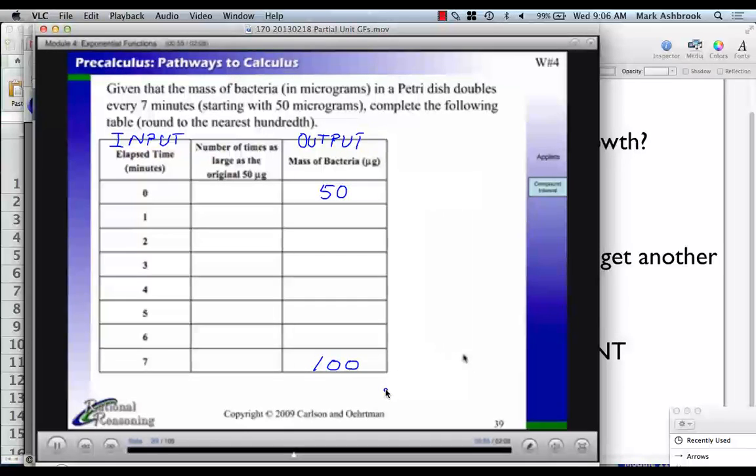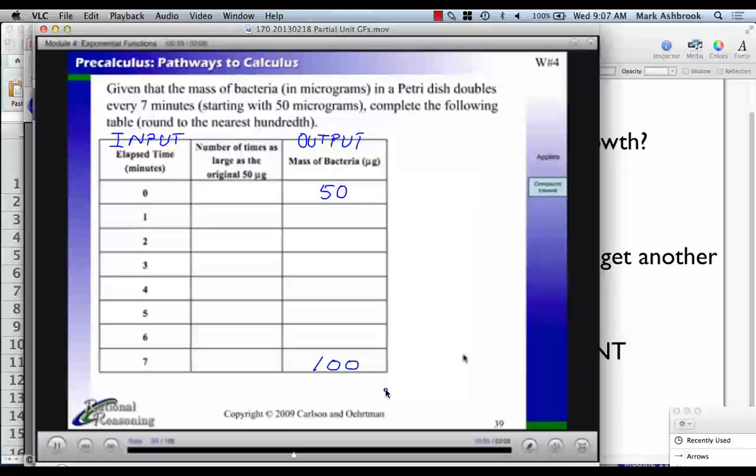Okay? So can we kind of summarize this? If this mass is doubling every 7 minutes, what can we conclude? Can we represent that mathematically? Doubling every 7 minutes. I'm talking about the centerpiece of exponential growth. Growth factor.